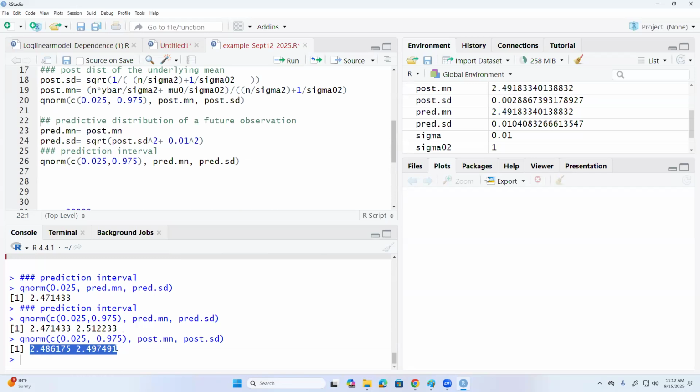Observation will be more varying. That is why you have much wider interval, right? A single observation is more varying, but mean parameter itself will be much less varying. Questions?